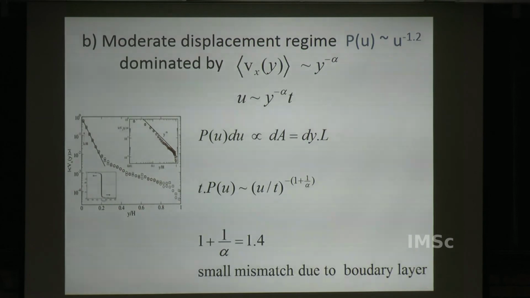So these things could be non-universal, but given that there is some support for that linear profile, P(u) going as u coming from grain rotation, I think that part will probably survive.